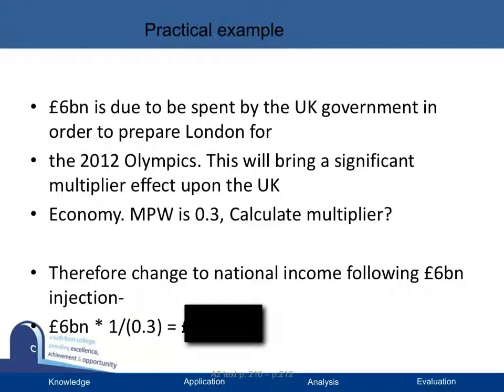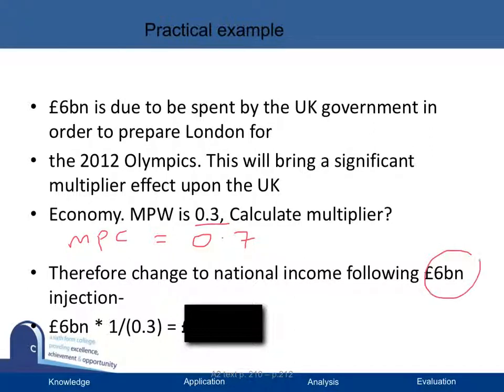So it's a nice practical example to think about. London Olympics a couple of years ago. The estimate of the marginal propensity to withdraw was 0.3, so that therefore means that the marginal propensity to consume was equal to 0.7.